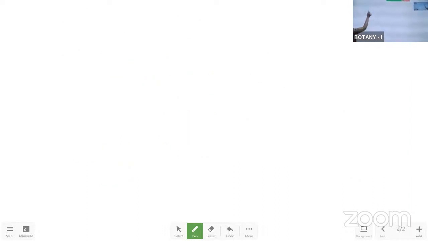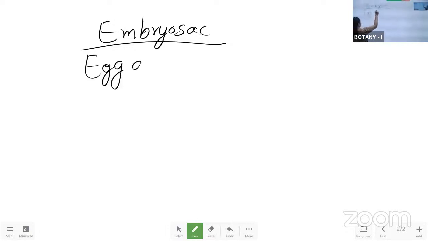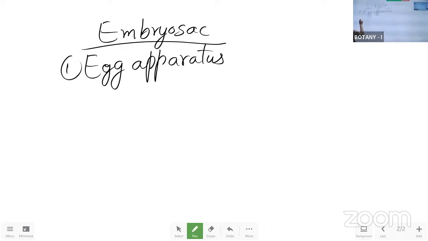So the embryo sac, basically, while writing the theory, we can divide the embryo sac into 3 major parts. The first one is the egg apparatus. Second one is the antipodals.